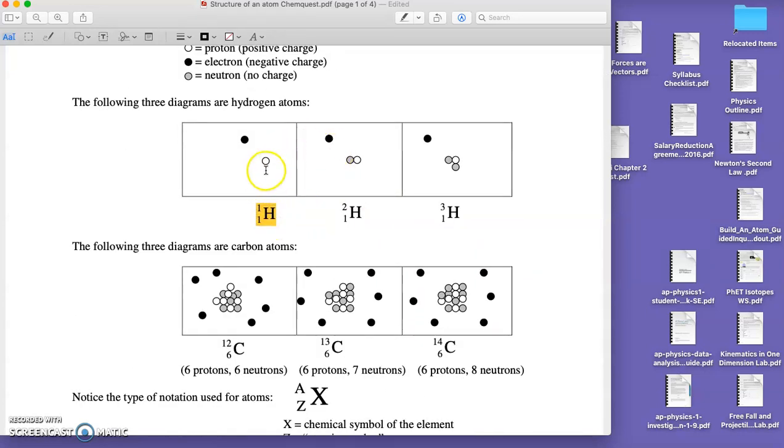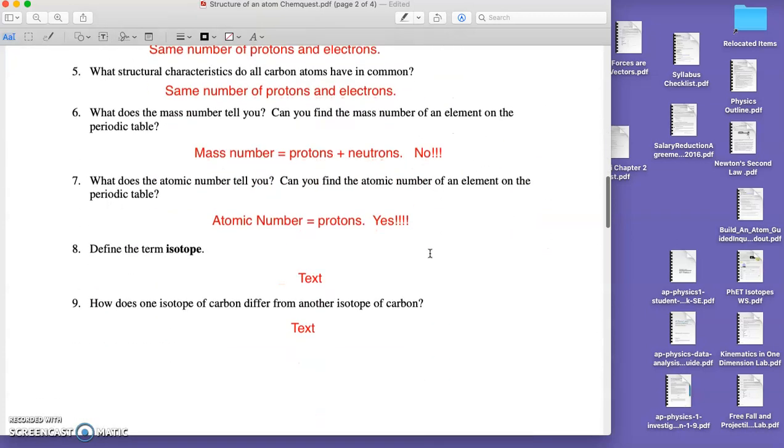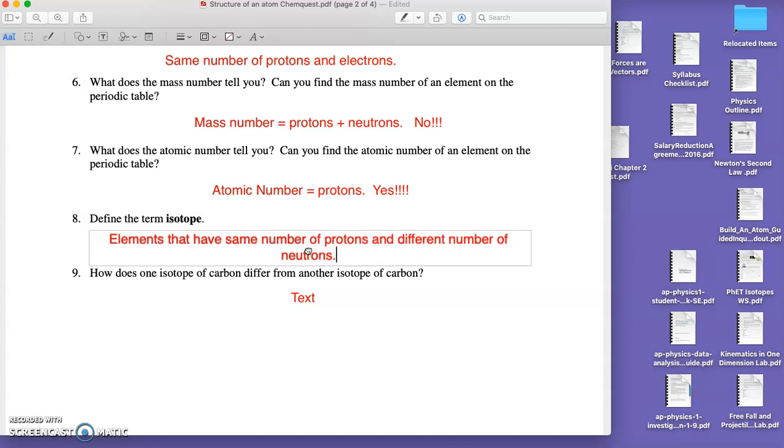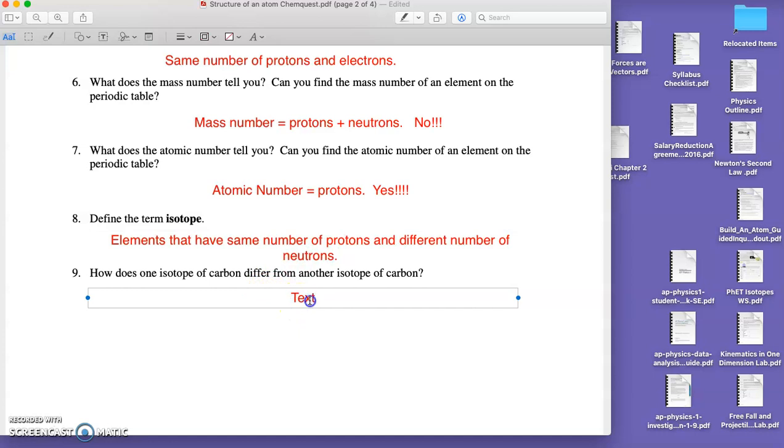Hydrogen, 1, 1, and 1 proton, 0, 1, and 2 neutrons. Same number of protons, different number of neutrons. So isotopes are elements that have the same number of protons and different numbers of neutrons.